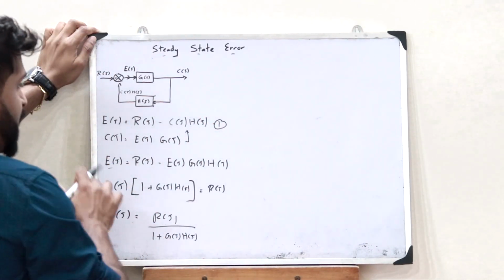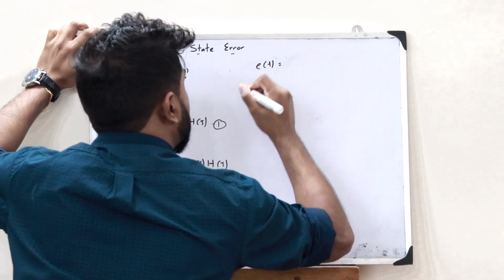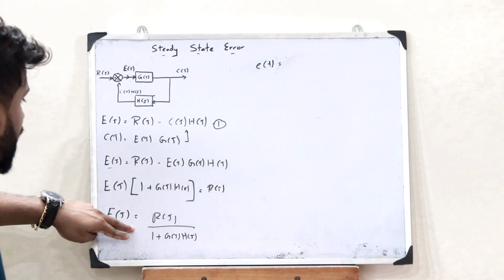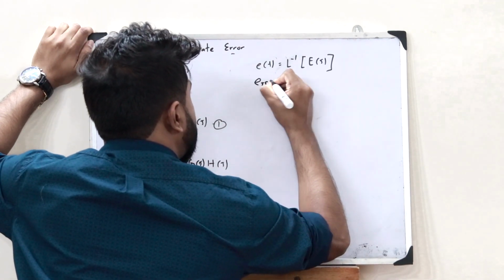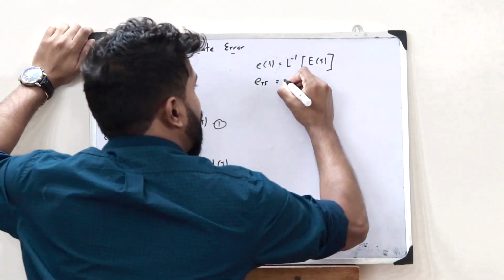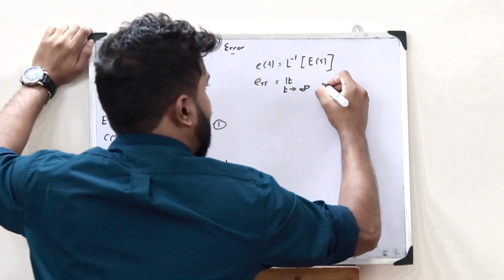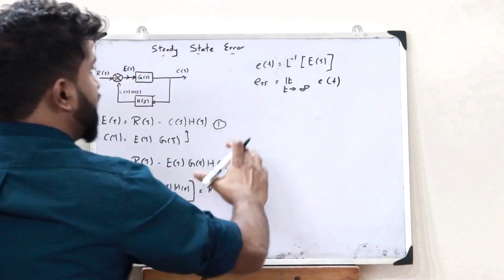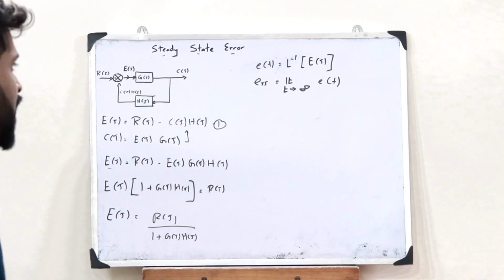Because we have E of S, E of t is equal to the inverse Laplace transform of E of S. Therefore, the steady state error ESS is equal to limit t tends to infinity of E of t. This is what you refer to as the steady state error of a control system.